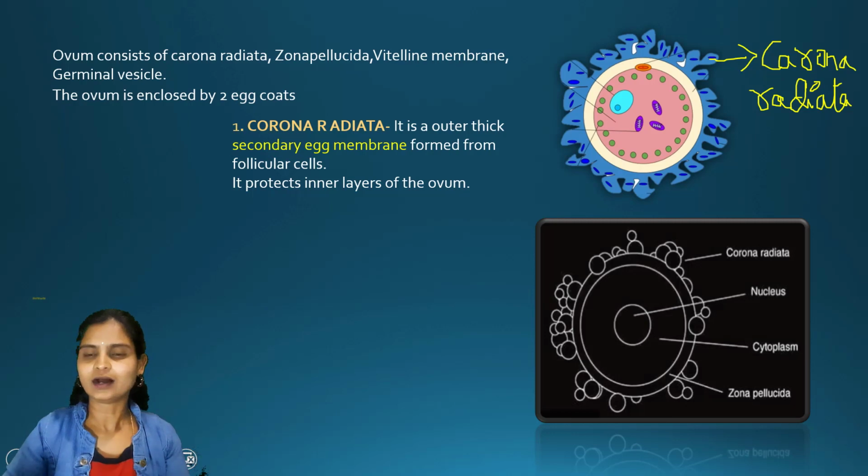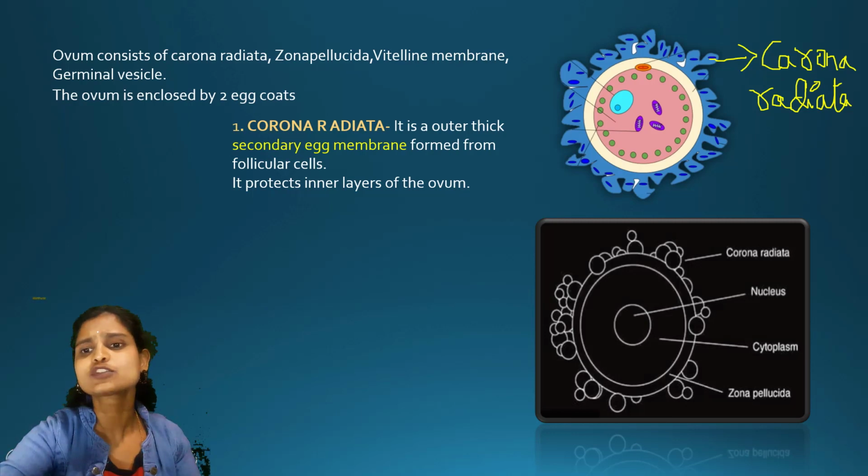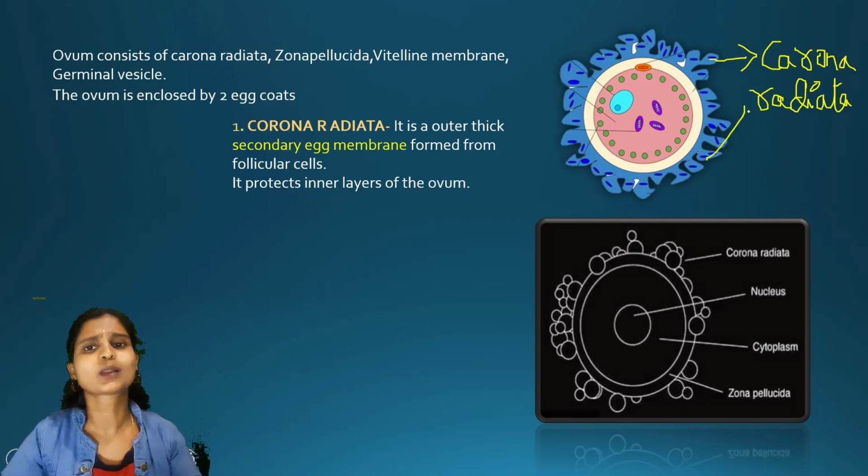Here we can see that 2 to 3 layers of cells are present in the corona radiata. One more important thing is that these cells are produced from the follicles. Hence this membrane is called the secondary egg membrane.